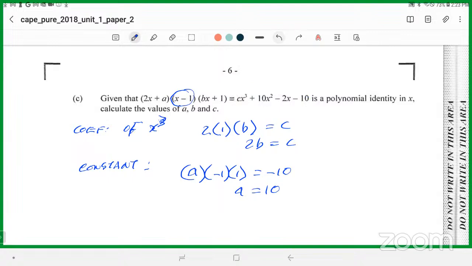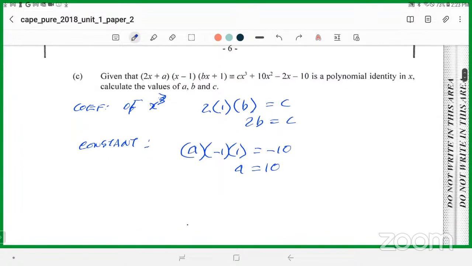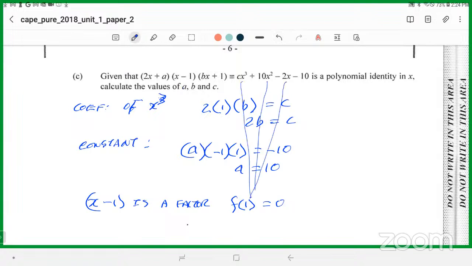So using the factor theorem, when I say x minus 1 is a factor, since this is a factor, it means that if we call this function f of x, then f of 1 is equal to 0. So when I plug 1 in there, this is going to work out to be 0 now. So similarly, if I plug 1 in here, it's going to equal 0.